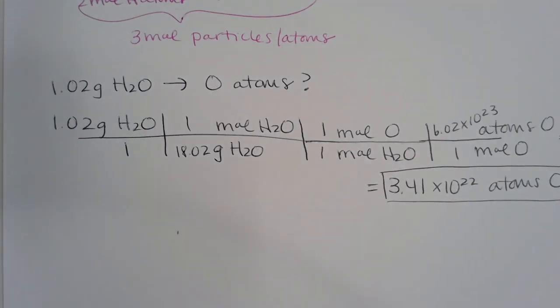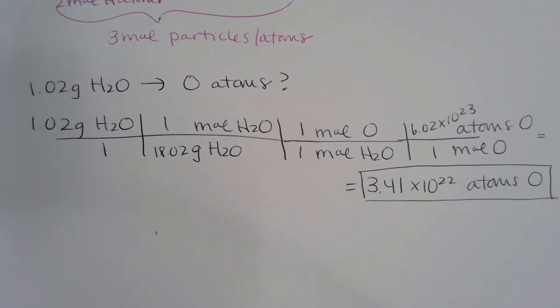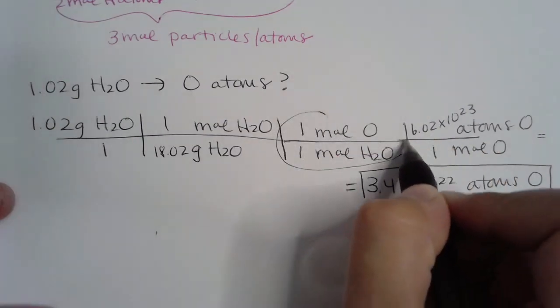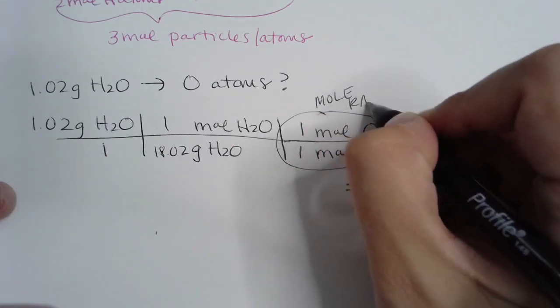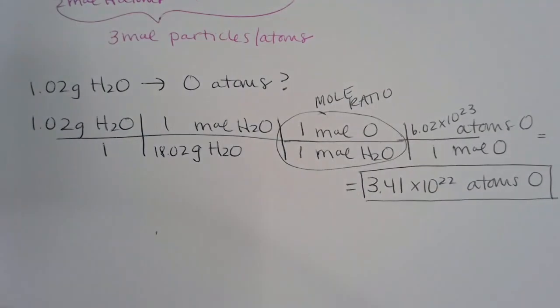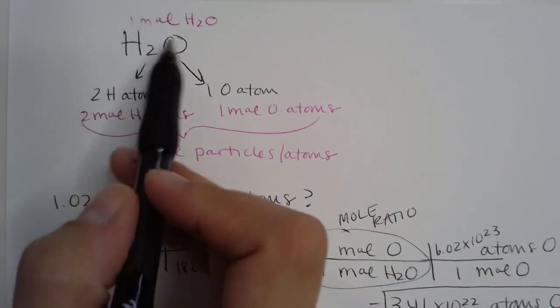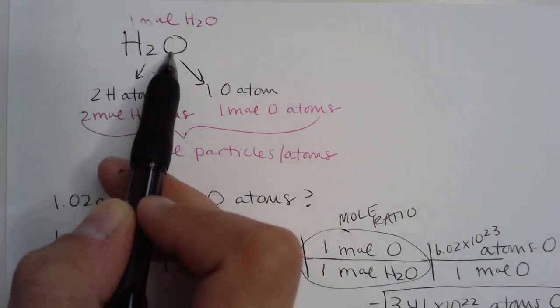So the only new step we really added is this guy right here, which isn't really a new step because this is also a mole ratio, which is what we're using in regular stoichiometry problems. But in this example, we're not going from one reactant to another reactant or product. We're going from the whole entire molecule to what's inside the molecule. Let's try this one.